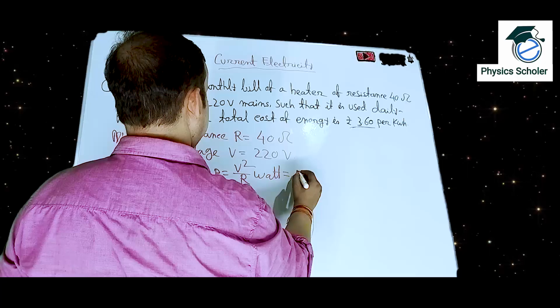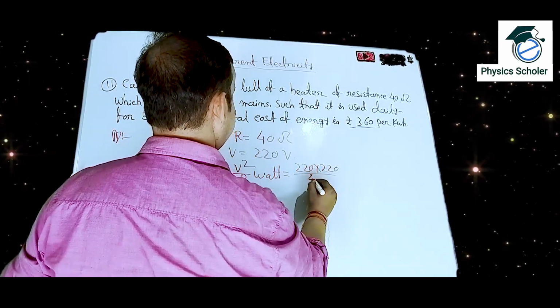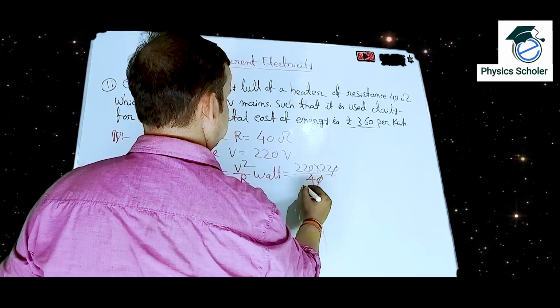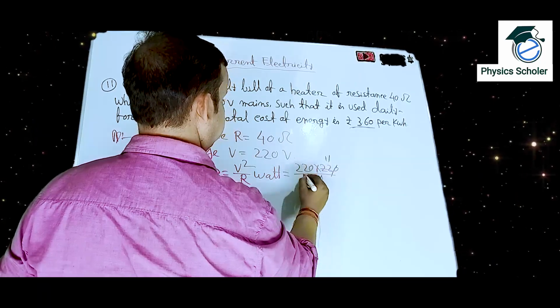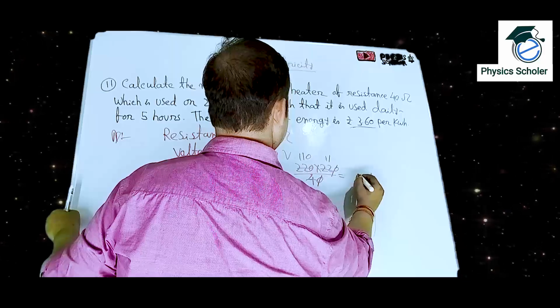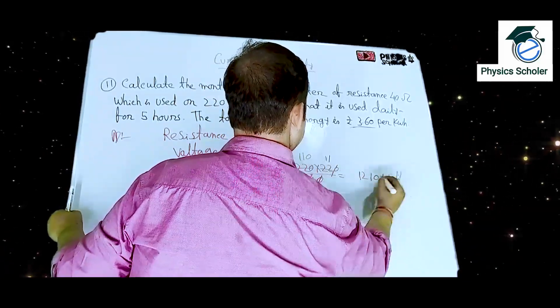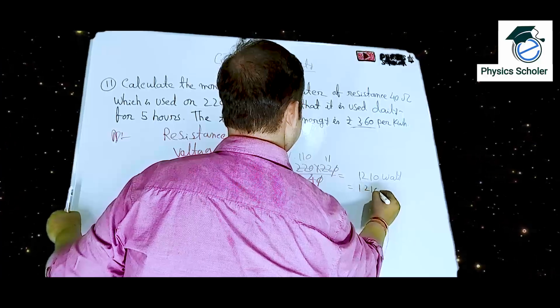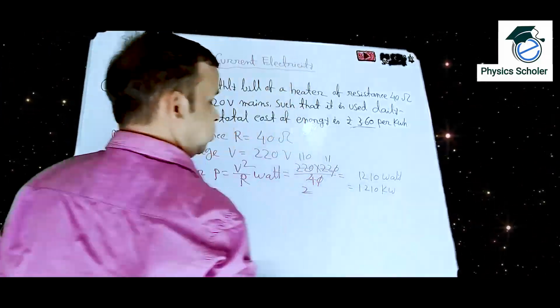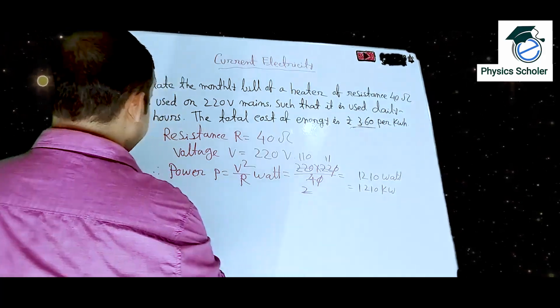So V square means 220 into 220 divided by 40. So this will be cancelled, 11. So power is equal to 1.210 kilowatt. 1.210 kilowatt, so that is the power.